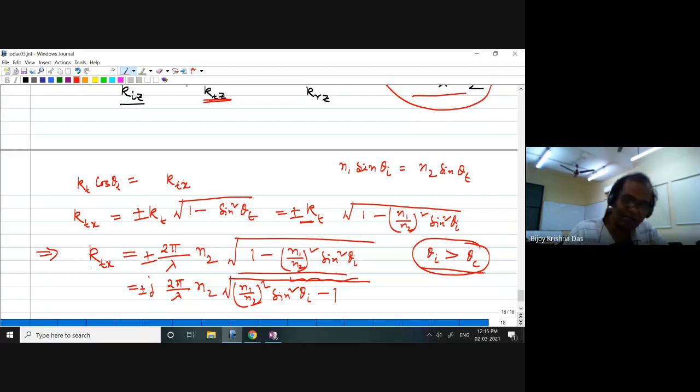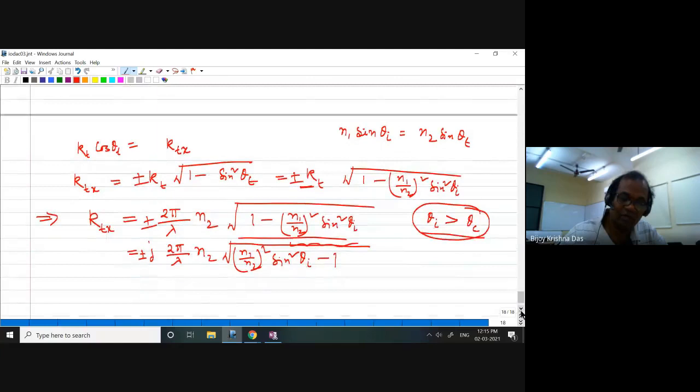So that means this ktx, that means the wave vector moving along x direction.